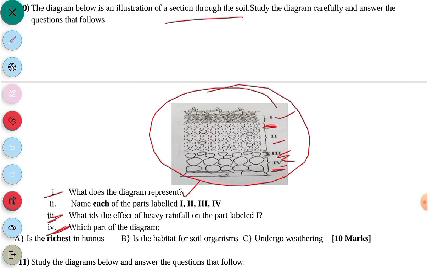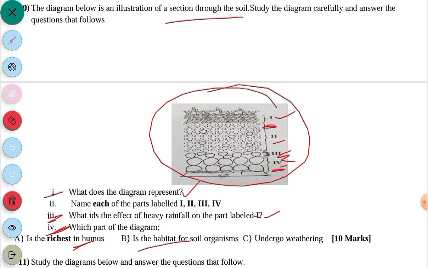II says, what's the effect of heavy rainfall on the part labeled I? Soil erosion, washing away of the topsoil. Then III, we are asked, which part of the diagram is rich in humus? It's I, which is the topsoil.